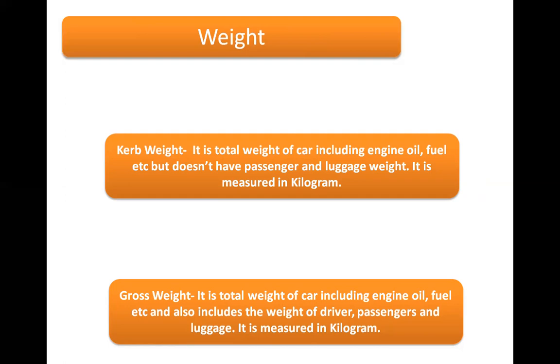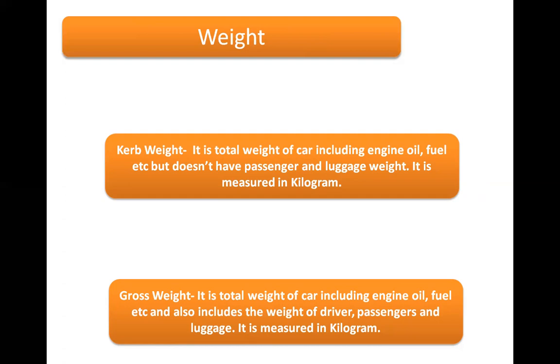Then gross weight. If we include the luggage, the weight of the driver and passengers, then it is the gross weight. So the total weight of the car including engine oil, fuel, and also the weight of driver, passengers and luggage becomes the gross weight. We consider the gross weight and the curb weight when designing the vehicle.